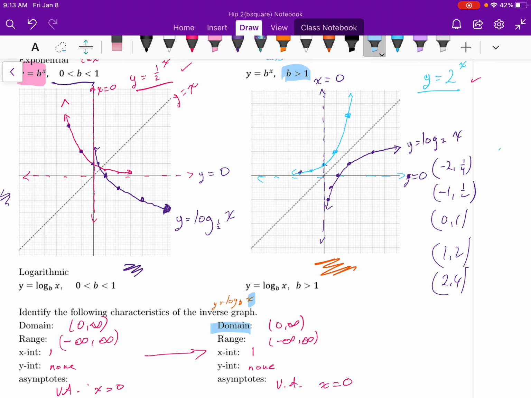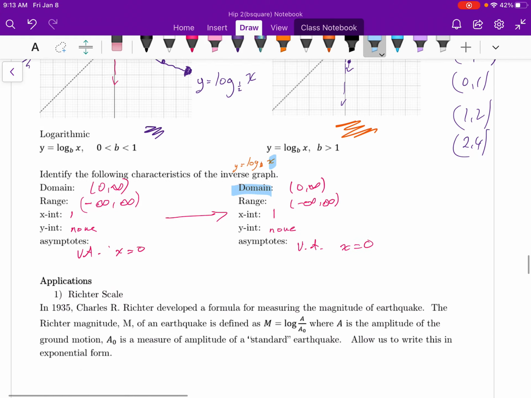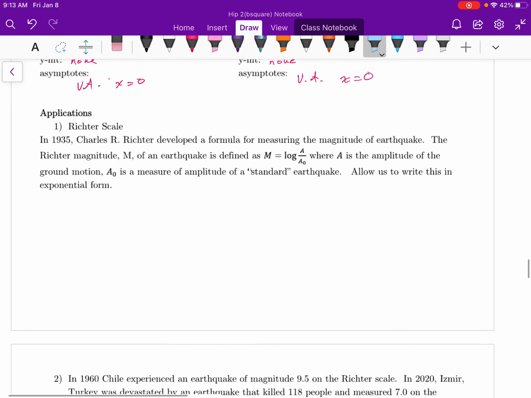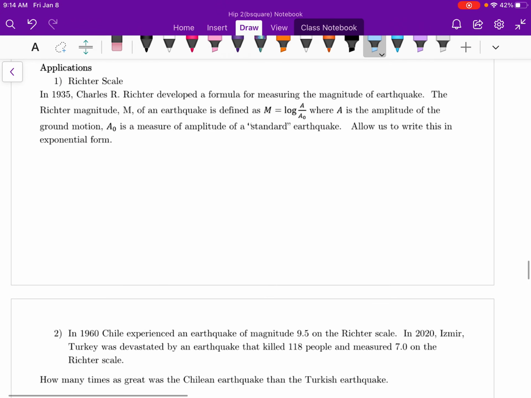Really, they can be anything. And if you think in reverse and jump back to the exponential function, the exponent can be anything, right? Positive or negative. So let's move on. I think that's really great stuff.